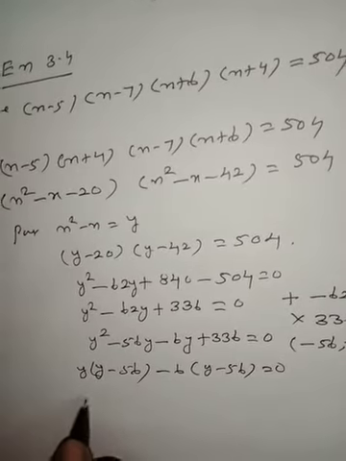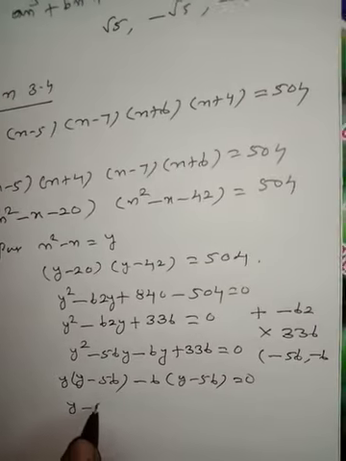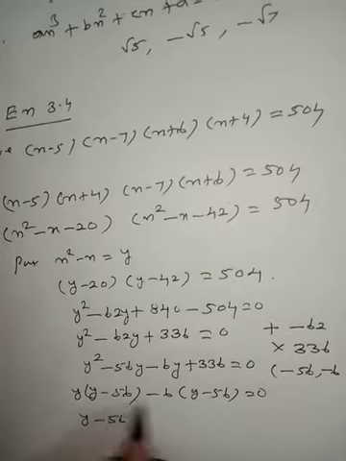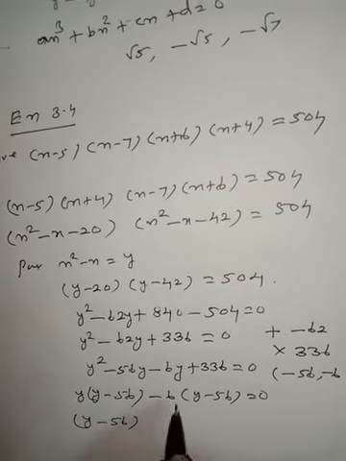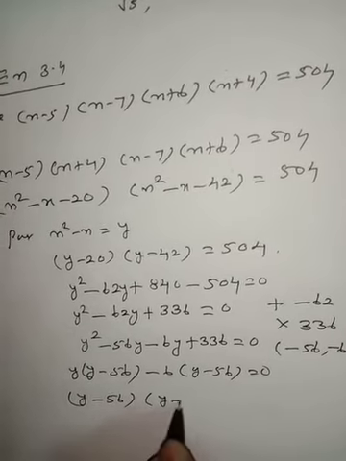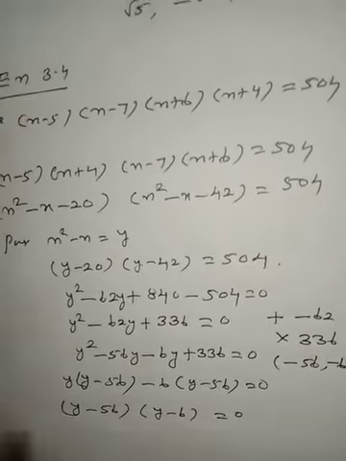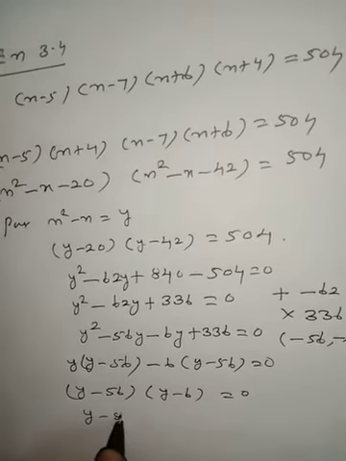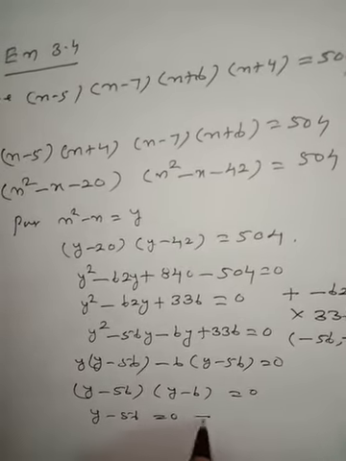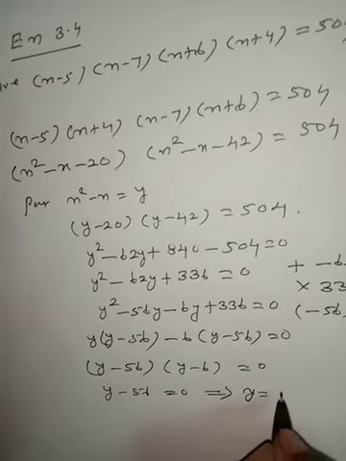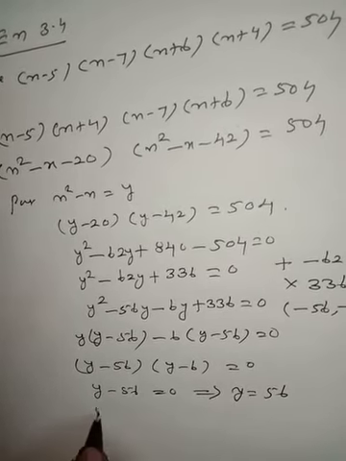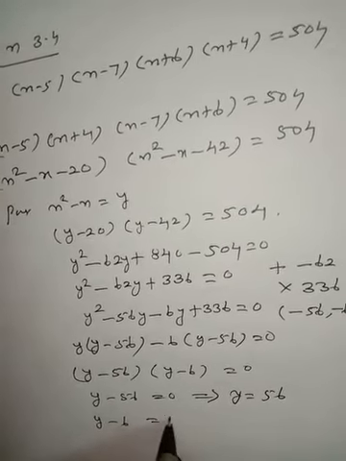This means y minus 56, these two factors are the same, therefore y minus 56 one time, and y minus 6 is equal to 0. y minus 56 is equal to 0 implies y is equal to 56. y minus 6 is equal to 0 implies y is equal to 6.